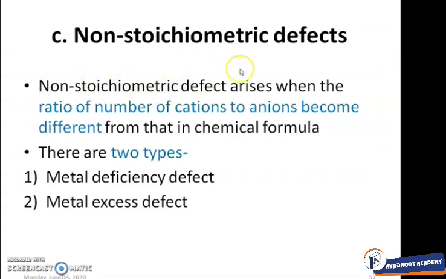Now the third type, that is non-stoichiometric defects. Non-stoichiometric defect arises when the ratio of the number of cations to anions becomes different from that in the chemical formula. There are two types of non-stoichiometric defects. One is metal deficiency defect and the other is metal excess defect.